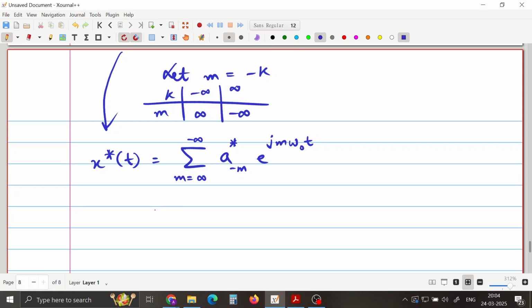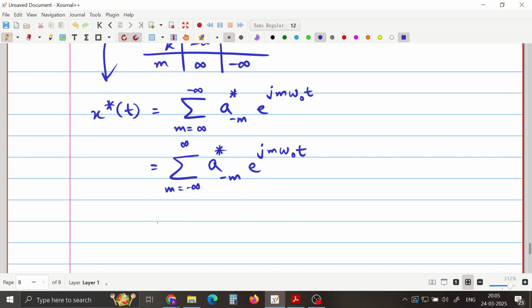So this can be replaced by m running from minus infinity to infinity, a_minus m star e power j m omega naught t. And again, like last time, we will just do a change of variable. I'll replace m by k again.